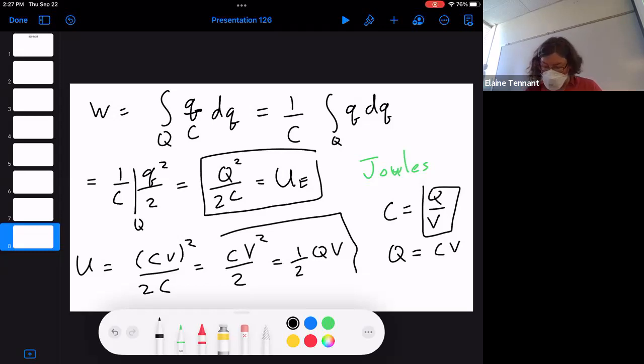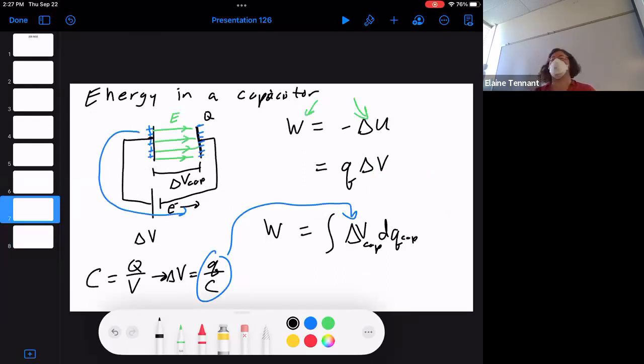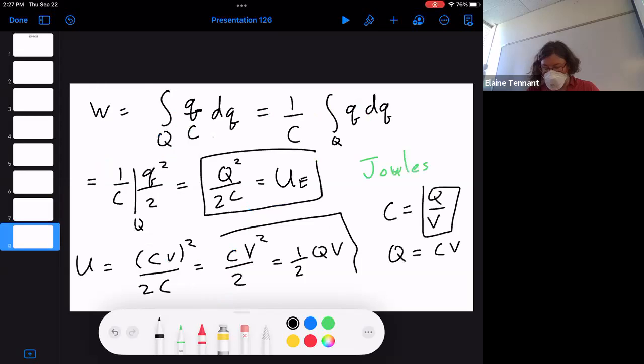Okay, so this is the energy you would find in a capacitor, but we wanted way back when to talk about this energy in an electric field, which would be really nice to have for a lot of reasons. So let's look at how we could think about the energy in that electric field. I'm going to use this equation because it's convenient for me.